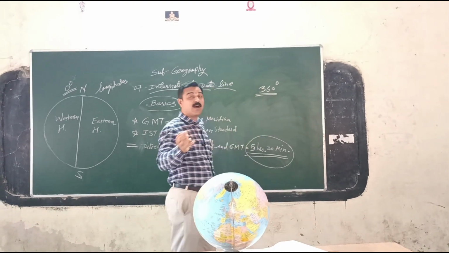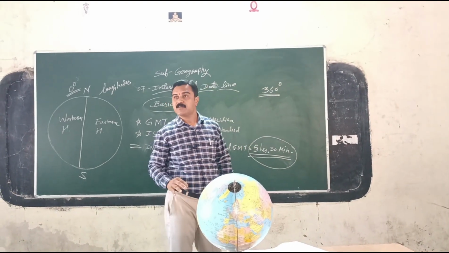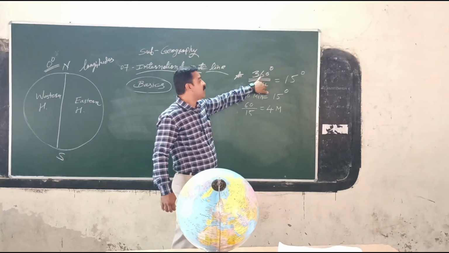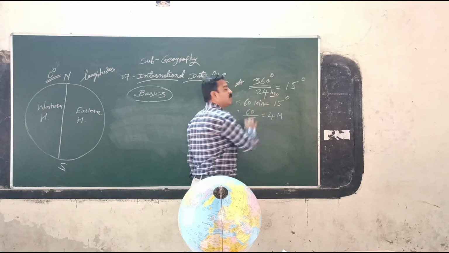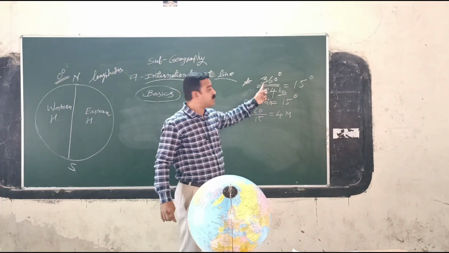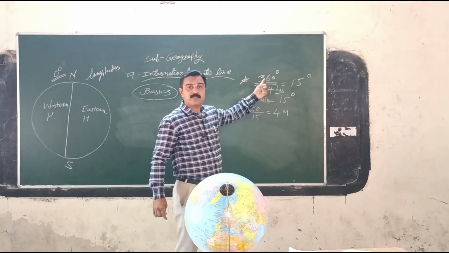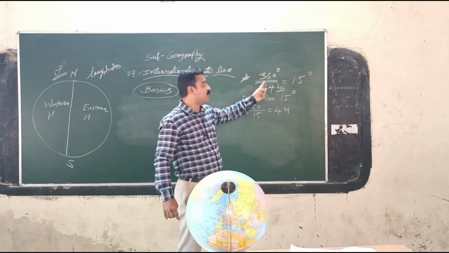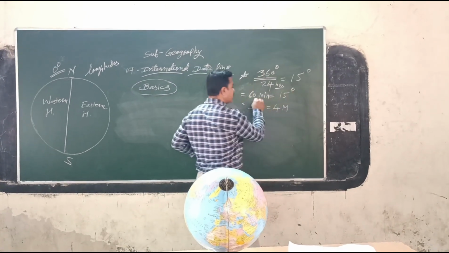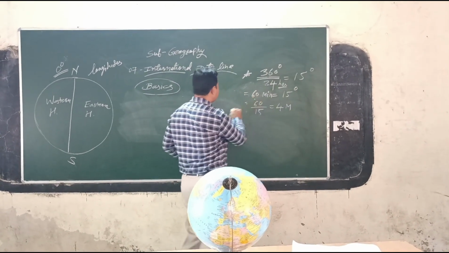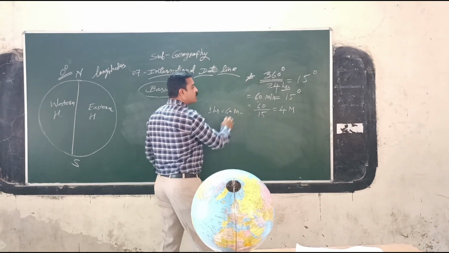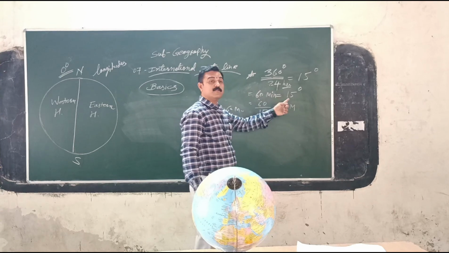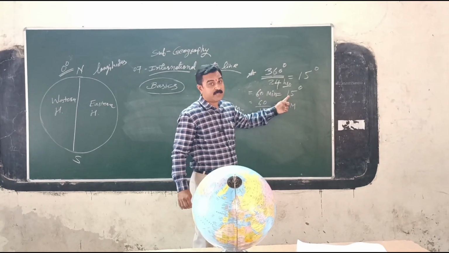Can anybody guess how we took out the timing? This is 360 degree divided by 24 hours, because in one day we have 24 hours. So in the calculation, we get 15 degrees per hour. 1 hour is equal to 60 minutes. So within 1 hour, the earth rotates 15 degrees.